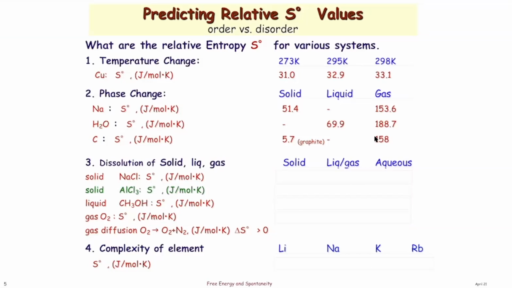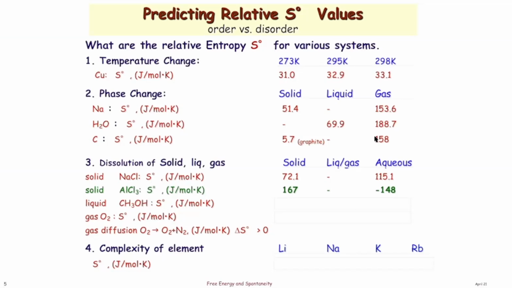Graphite has an entropy of 5.7, the gas 158. Expected. When we dissolve something from a solid and it goes into water, the entropy increases. That's expected. Here, the entropy decreases. It goes from 167 in the solid, but when you put it in water, it decreases to 158.